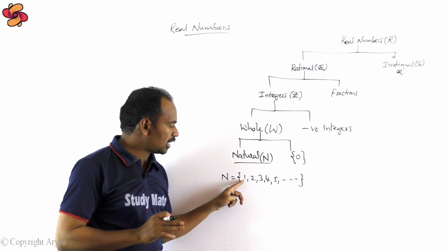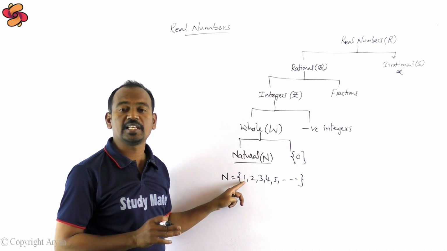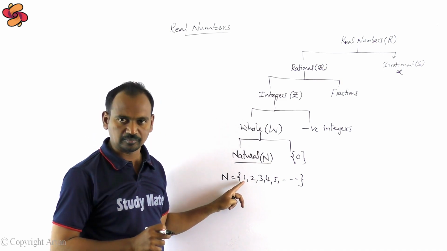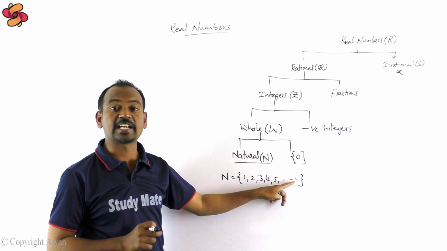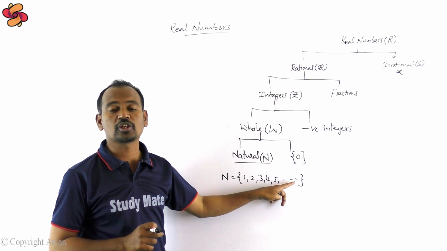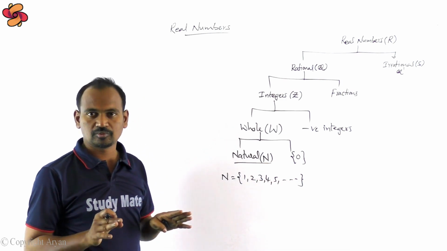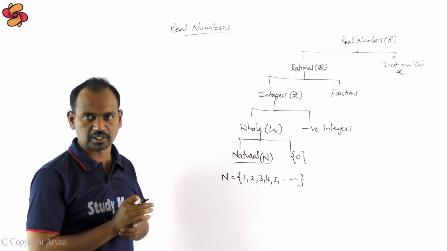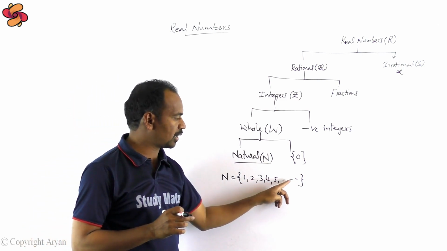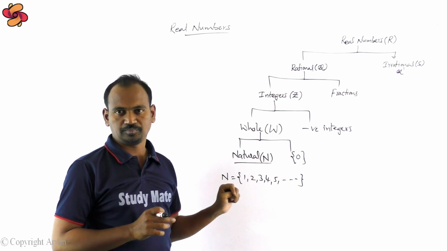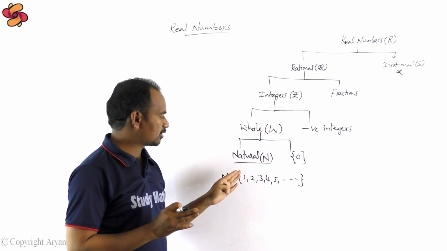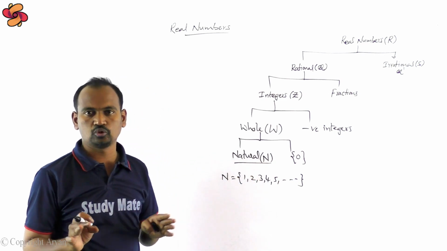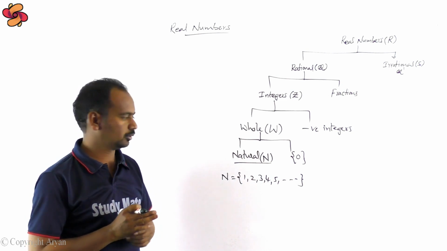And here the least natural number is 1, and about the greatest, the greatest natural number can't be defined. That does not exist, isn't it? So that's why I keep the symbol and so on. And so on means the set has no limit, no boundary also we can say.